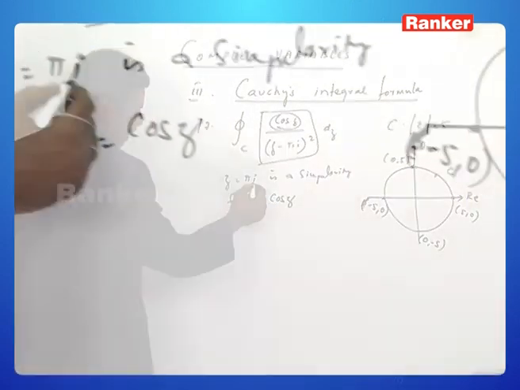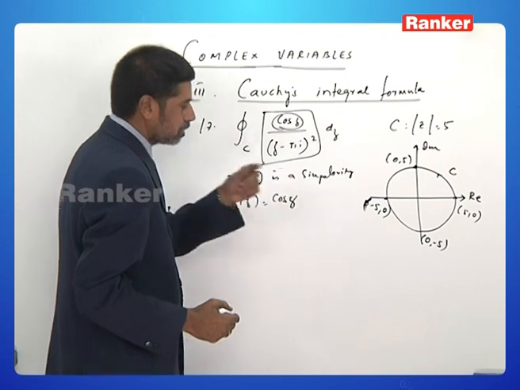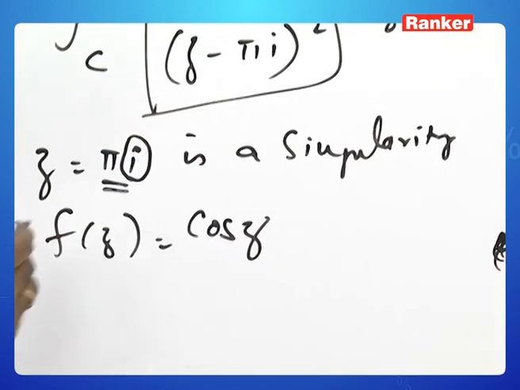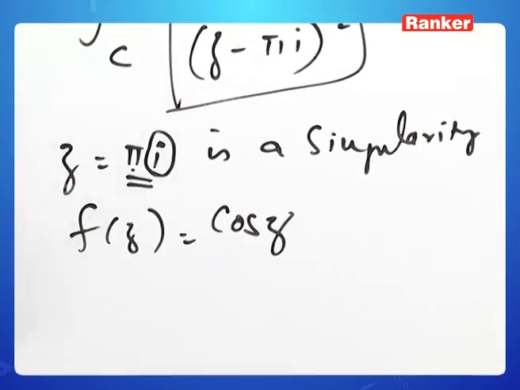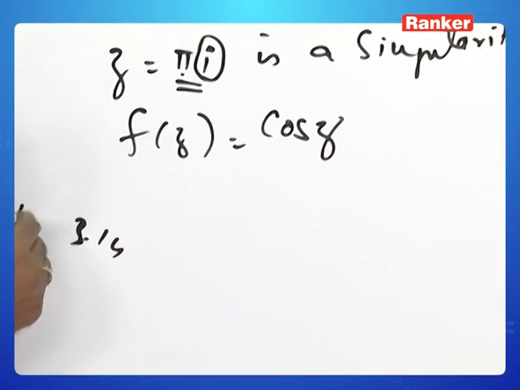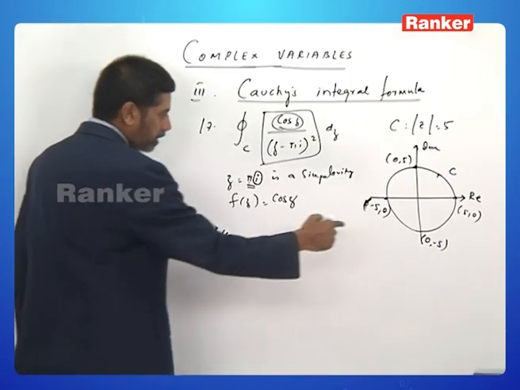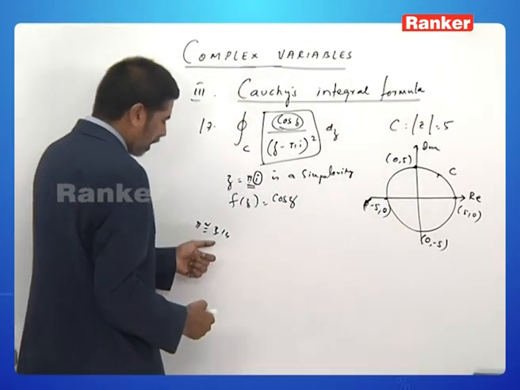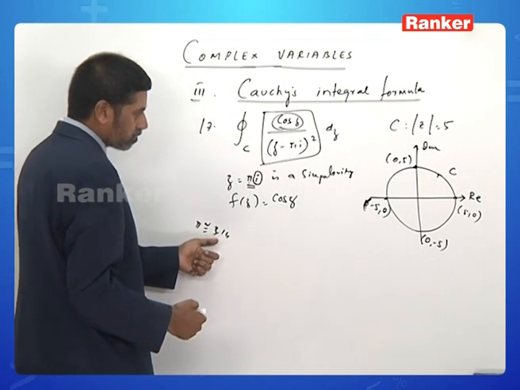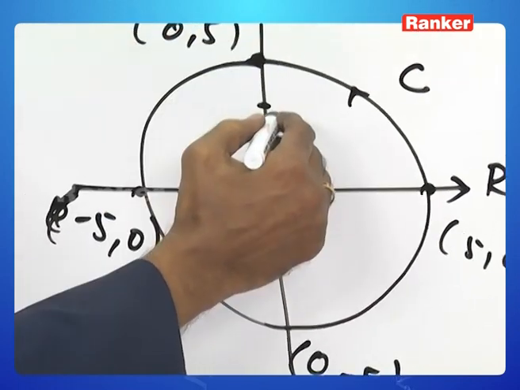Presence of I indicates that the singularity is on the imaginary axis. Of what magnitude? Pi. So, this is 3.14 approximately. So, the singularity is along the y direction at a distance of 3.14 units from the origin. So, definitely it is below 5.